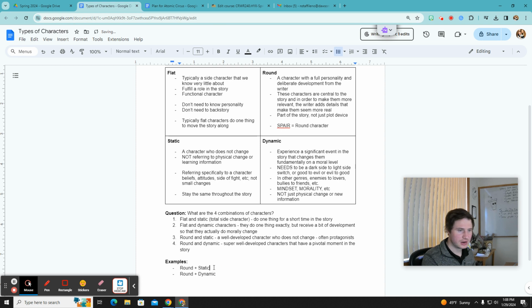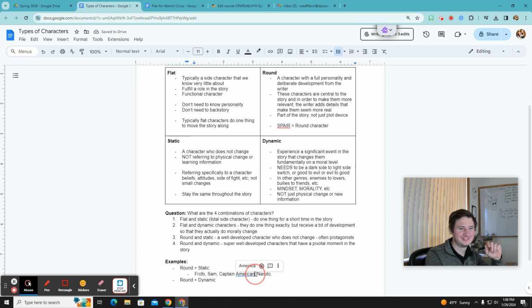Okay, so round and static, I would definitely say your common protagonists: Frodo, Sam, Captain America. It's very male. I realize I'm doing a poor job of putting my ladies in my lecture right now, and I'm really sorry. This is just not my strong suit. I'm not really a fantasy sci-fi writer. So Frodo, Sam, Captain America, Naruto.